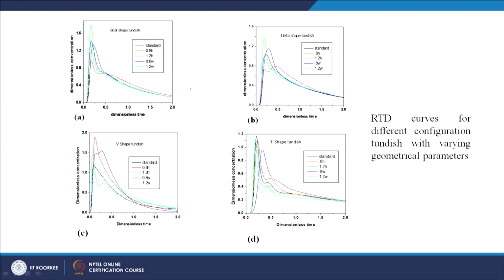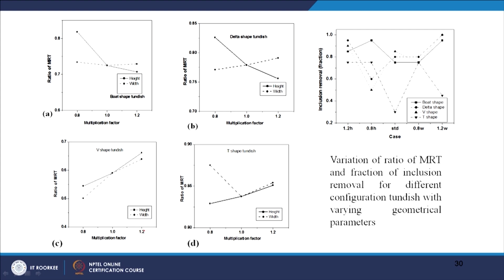Now, in the case of the V shape, as you see, the best performance is by this light blue color. This is 1.2 width. That is showing an even better result, and that may be seen for the 1.2 width.